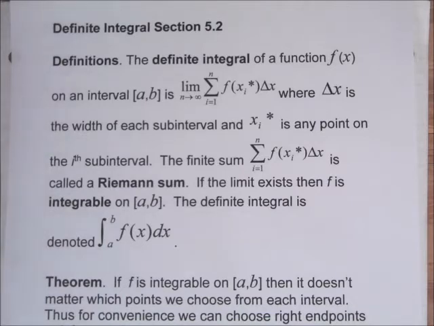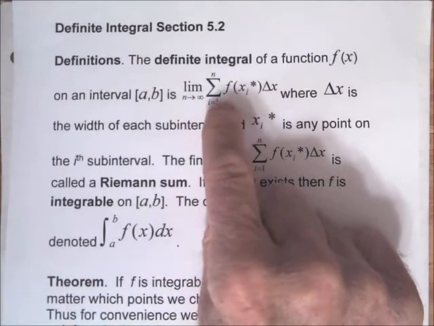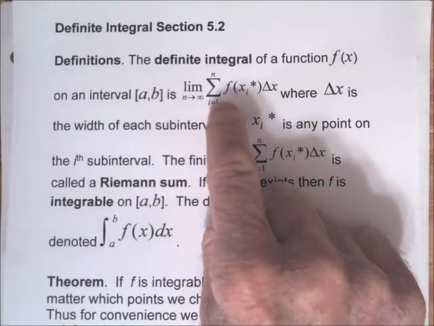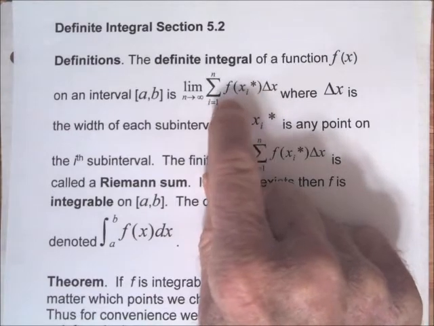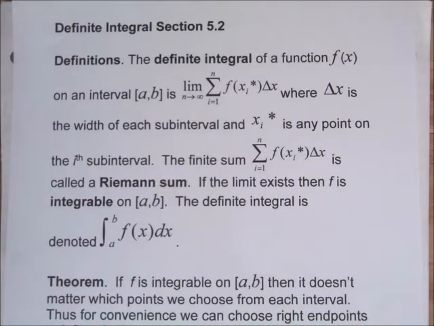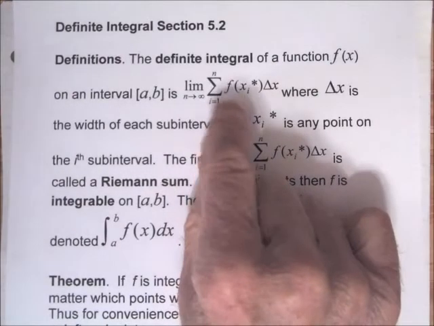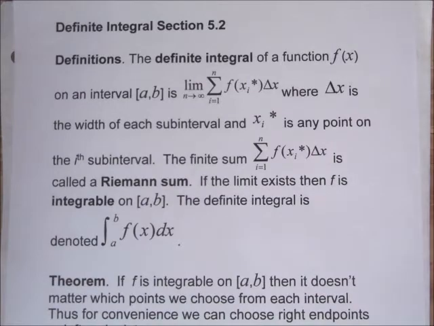So in the previous video, we had a sum like this for computing the area under the curve. This is a slightly more general notation.